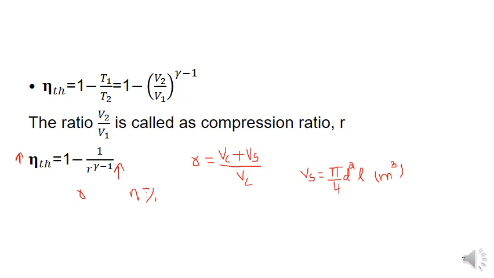If you take the R value 3, we will get the efficiency 36 percent, taking gamma value as 1.4.